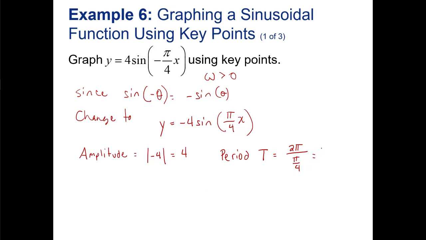So that's going to be like 8 pi over pi. So we're going to end up with 8 for our period.